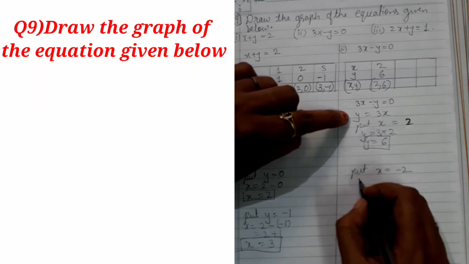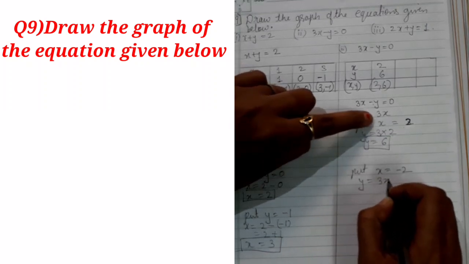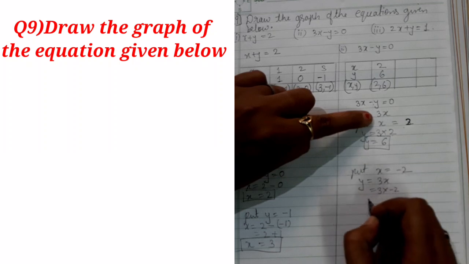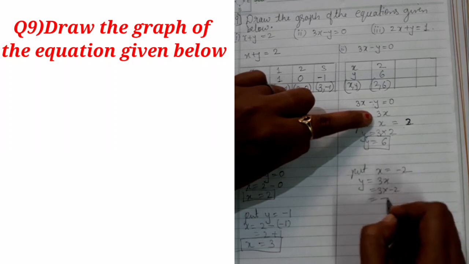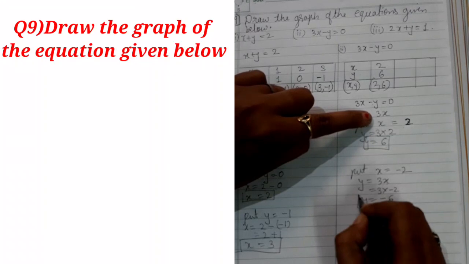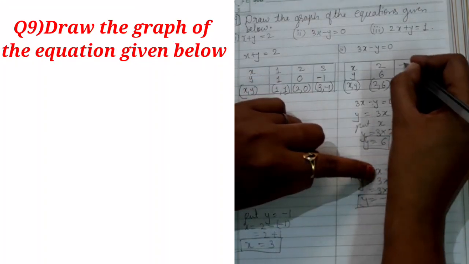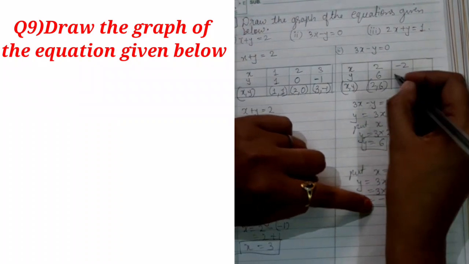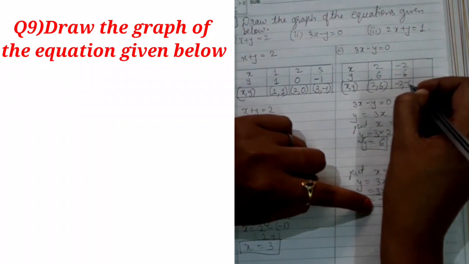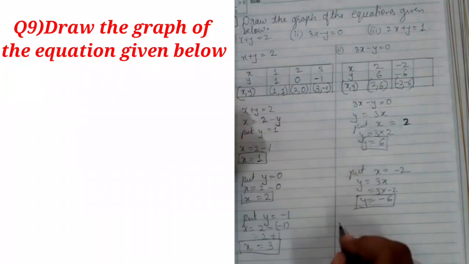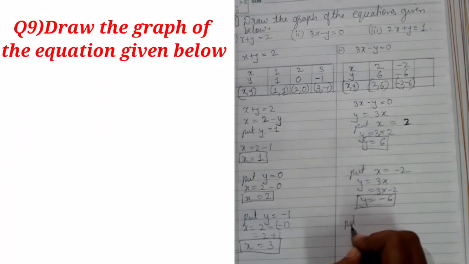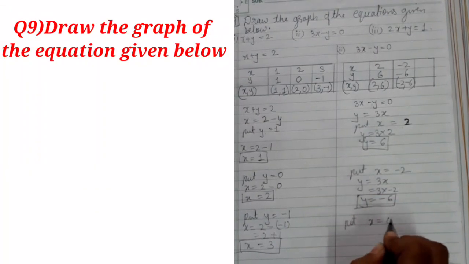Now second, I will put x value as minus 2. Our equation was y equal to 3x. 3 multiplied by x, and the x value is minus 2. 3 times minus 2 is minus 6. So the y value came minus 6. If x is minus 2, y will be minus 6. So minus 2 and minus 6. Now I will put x equal to 0.